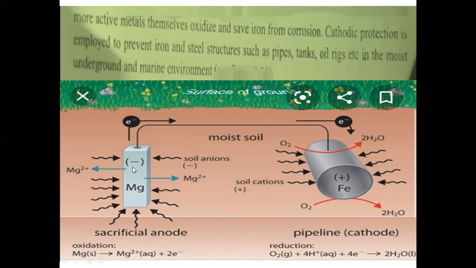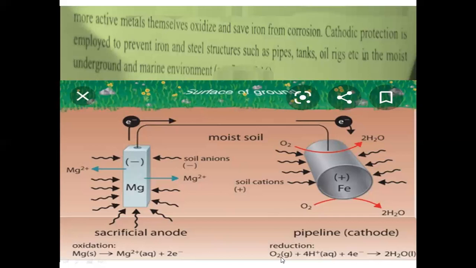Those electrons will then move from anode towards the cathode, and when they move towards the cathode, oxygen will be reduced by gaining those electrons and will form water, and then in turn iron will get safe from reaction.